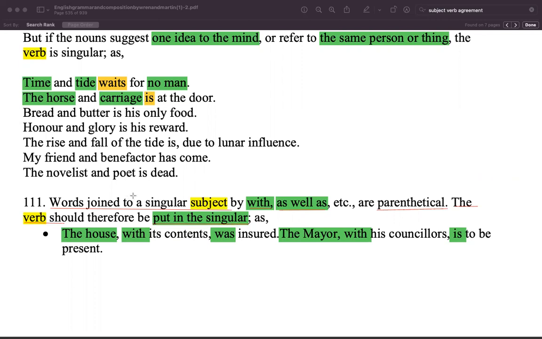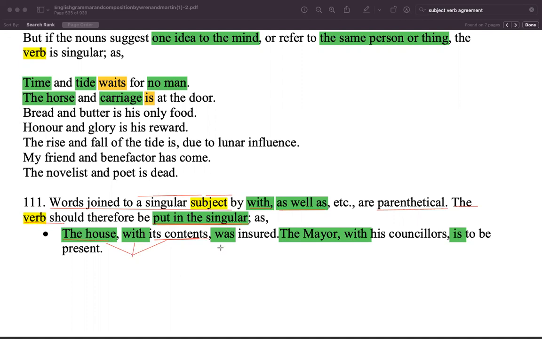If the words are joined to a singular subject, then it will be considered singular. Let's say the house, which is the subject and singular, its contents. There is another subject, a plural, but both have been joined by the word with.